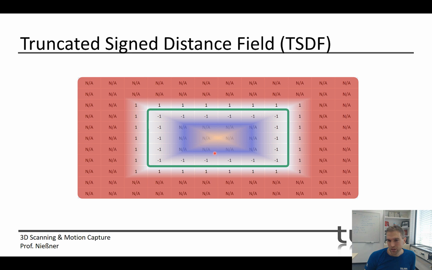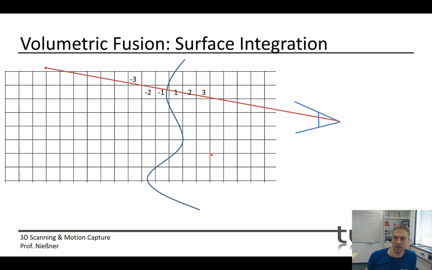And now what we don't know yet is how do we compute the distance field from a series of depth maps. So what we're assuming in this problem statement is that we're getting as input a depth map, and we know the pose, meaning the rotation and translation, from the camera position of this depth map relative to the global grid.